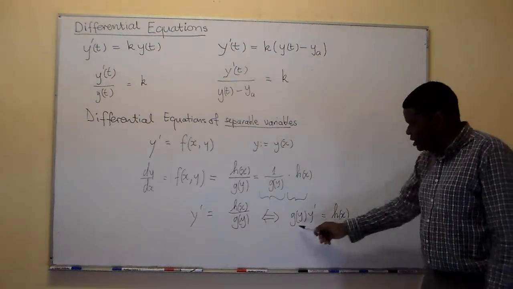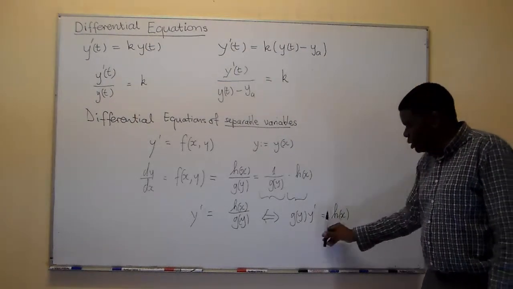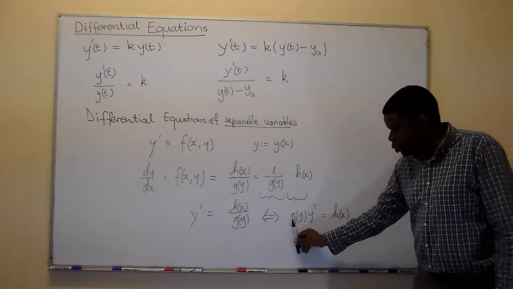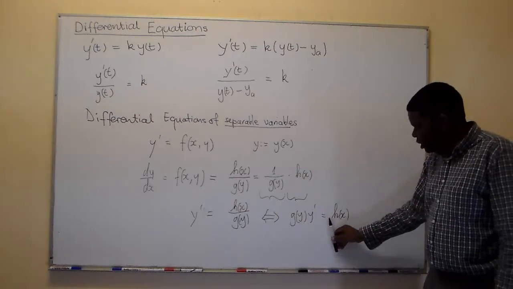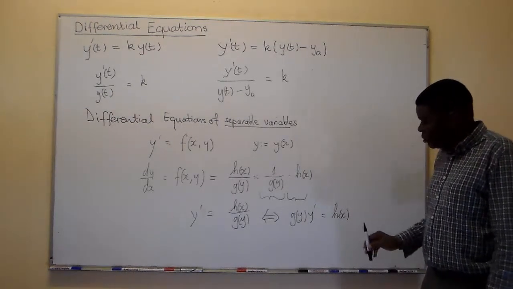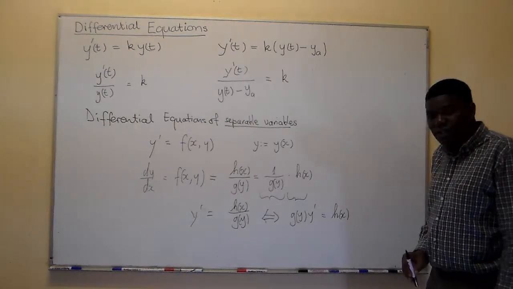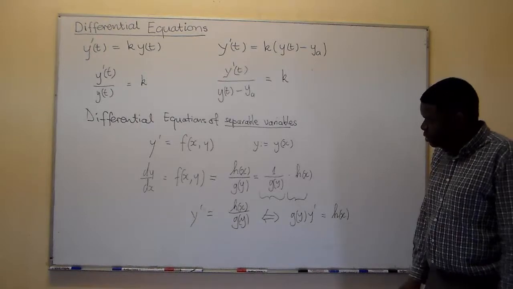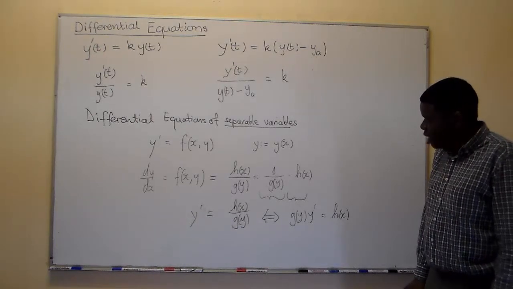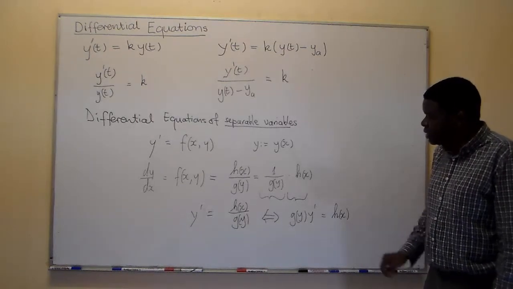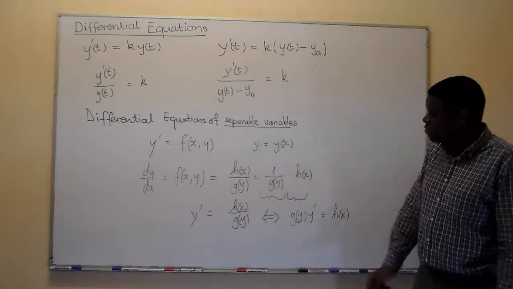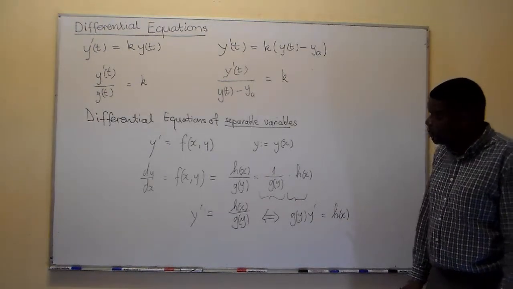If we look at this last expression, we've got expressions of y on one side and expressions of x on the other side. Then we say that the variables have been separated. This is how we can identify that a first order differential equation is of separable variables.